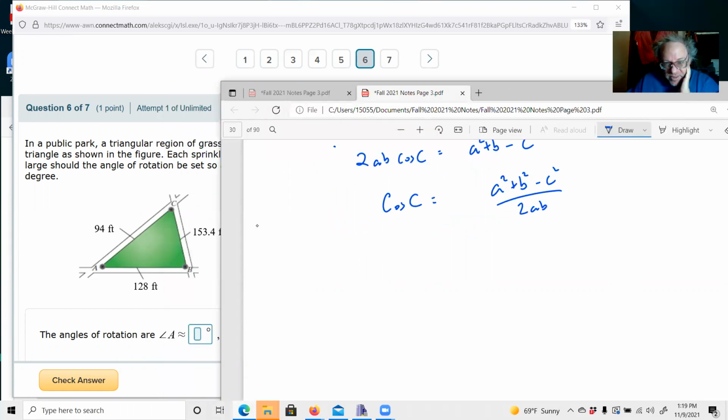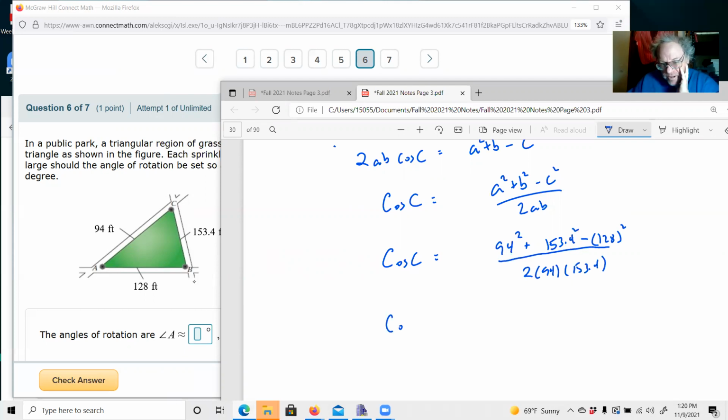Okay, so we'll say that cosine of C is equal to 94 squared plus 153.4 squared, a squared plus b squared, minus 128 squared, that's the one that's across from C, divided by 2 times 94 times 153.4. We'll just go to our calculator.